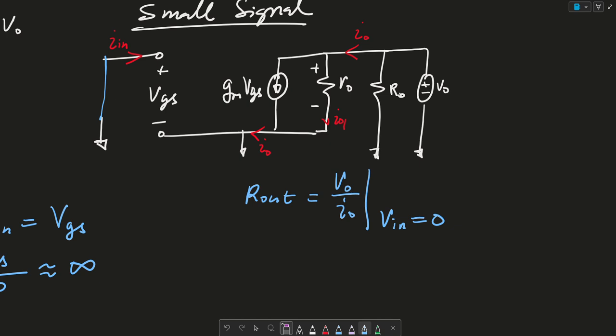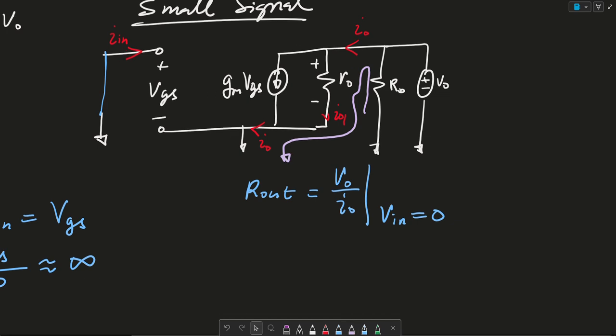Let me use purple. Use a KVL on this loop right here. So again, we can say that VGS, and we can also do a closed loop here as well, plus VGS is equal to 0.